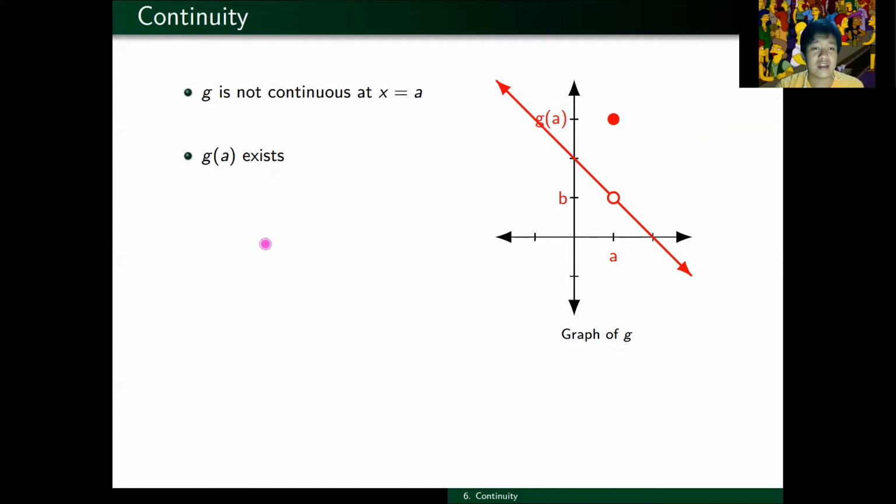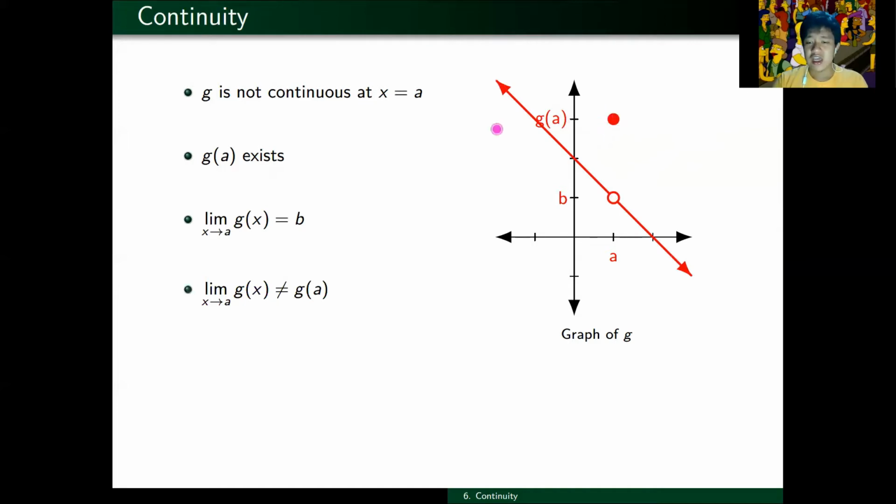The limit also exists. In this case, yung limit from the left and yung limit from the right ay papunta sa b. However, what you can notice is that yung limit as x approaches a, magkaiba doon sa function value ni a.